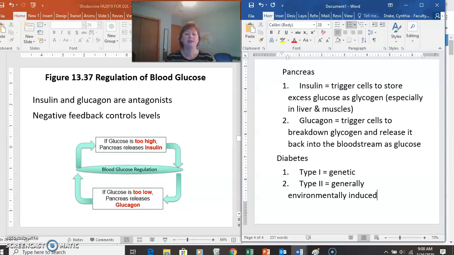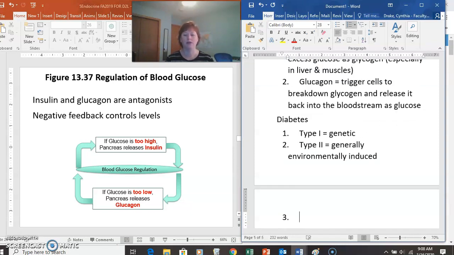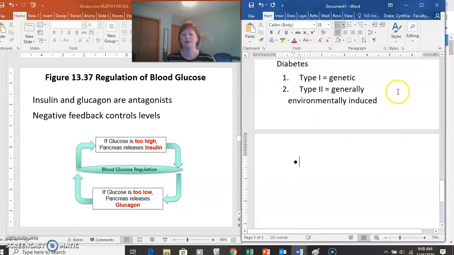So in that case, an individual is not going to respond to insulin injections. And so what's the best way to deal with type 2 diabetes and keep it under control? You guessed it. Those two things that we should always be concerned with anyway: good old-fashioned diet and exercise.